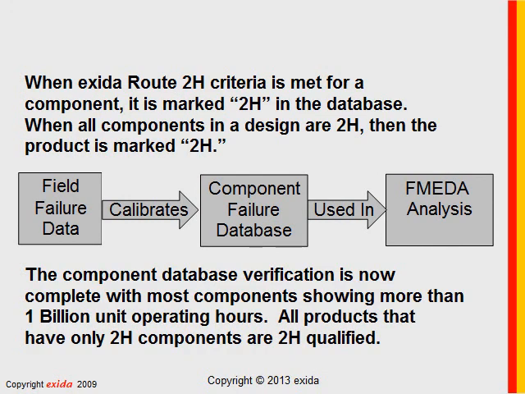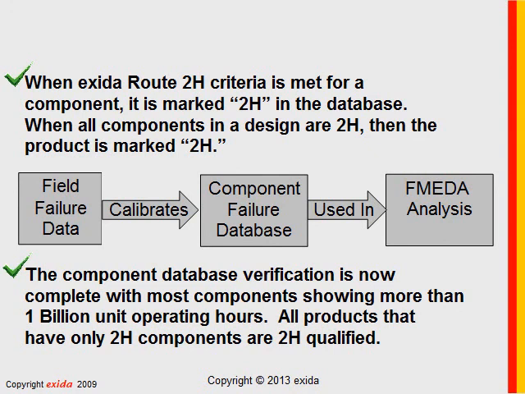When Route 2H criteria is met for a component, it is now marked as 2H in the SERH database. When all the components in a particular design are categorized as 2H, the product is then marked 2H.